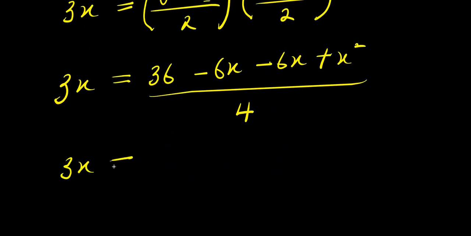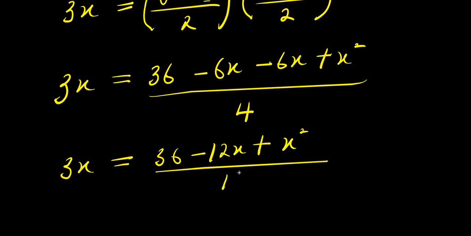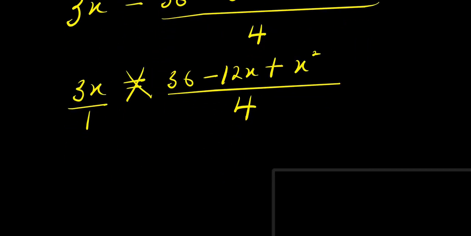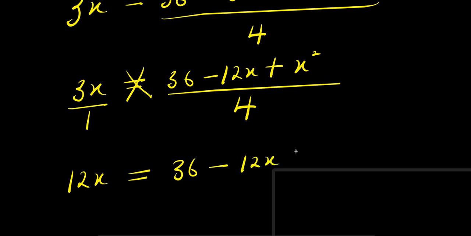This gives us 3x equals 36 minus 12x plus x squared divided by 4. This is over 1, so we cross multiply. 4 times 3x, that is 12x, equals 36 minus 12x plus x squared. Move this over here.